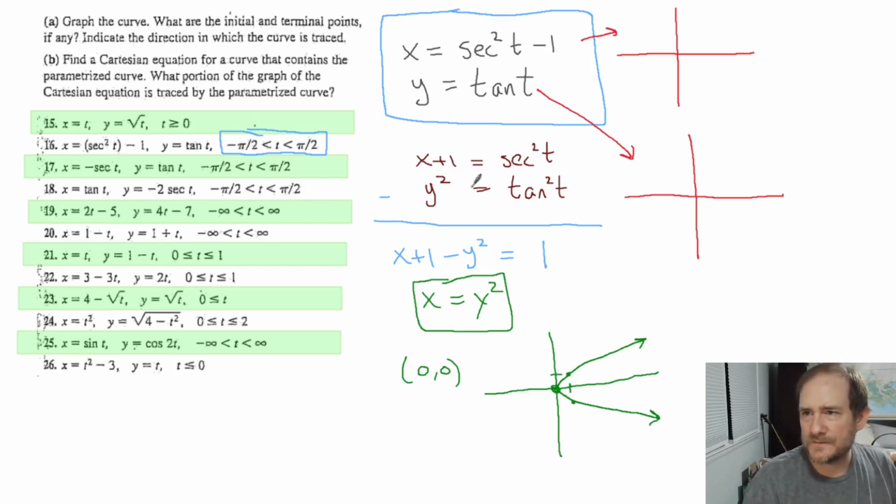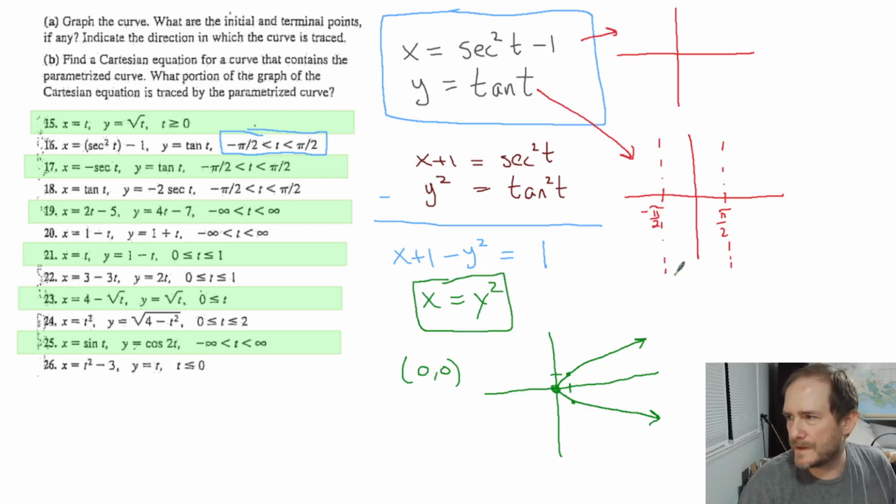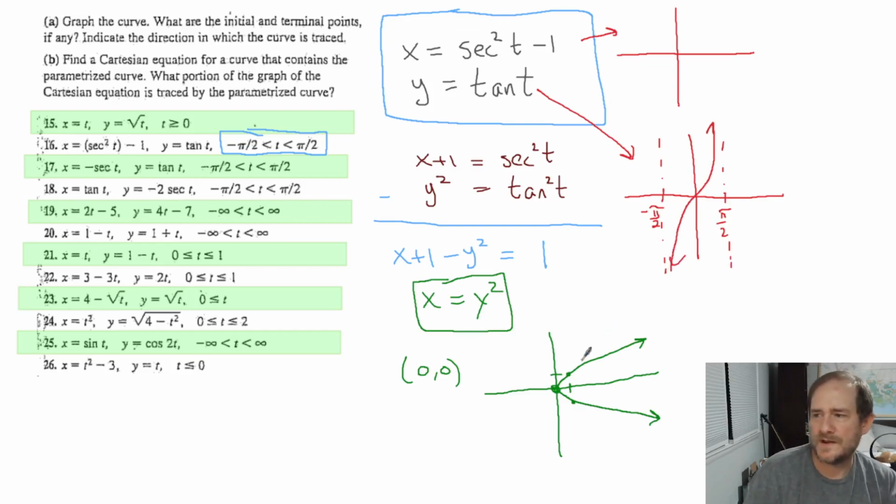The good news is negative pi over 2 to pi over 2 just means that we're limiting the tangent equation to that first period, which says that we do get every possible y value. So I don't need any restrictions here, because this tan equation is going to give me every possible y value, meaning it has a range of all reals, even with the restricted t interval.